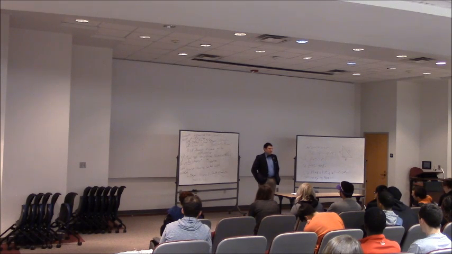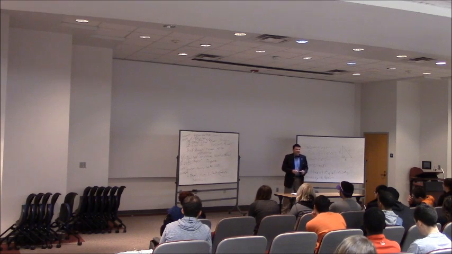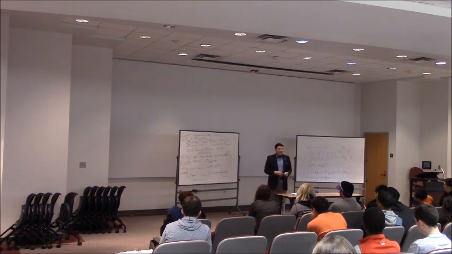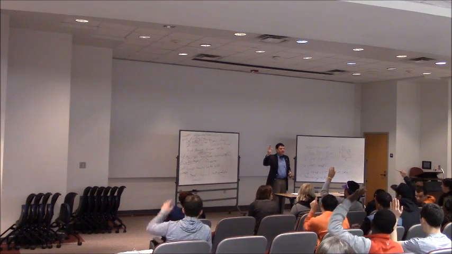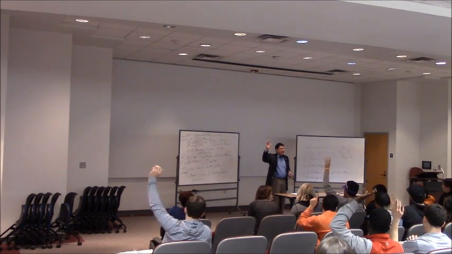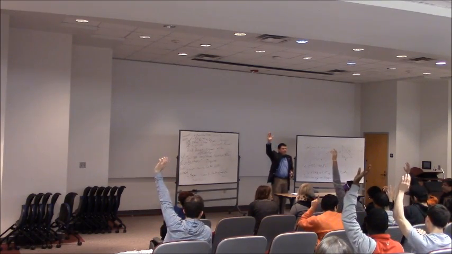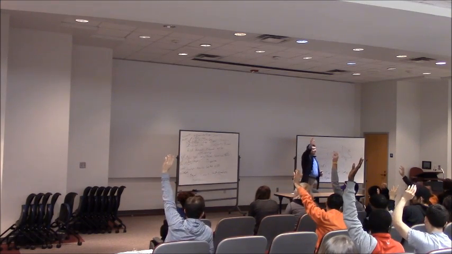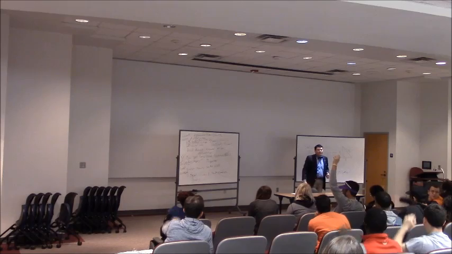A Y chromosome, right? It's this Y chromosome. That's what makes a man, genetically. So I want everyone who has a Y chromosome to hold your hand up. If you have a Y chromosome, I want you to hold your hand up. Hold them up high. Let's see. Okay, you can put them down now.